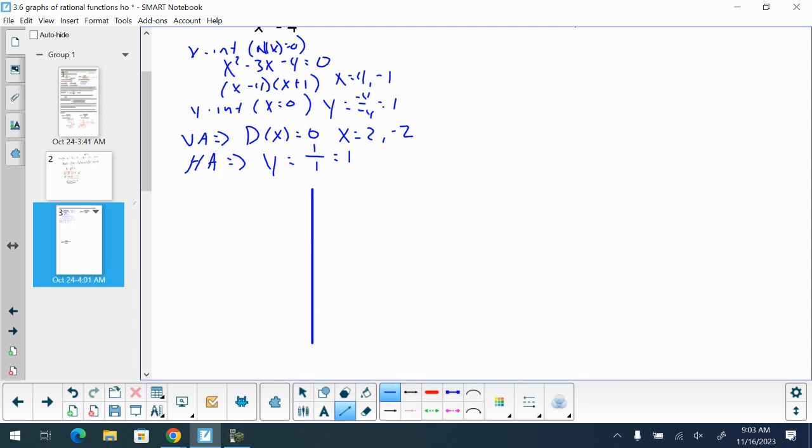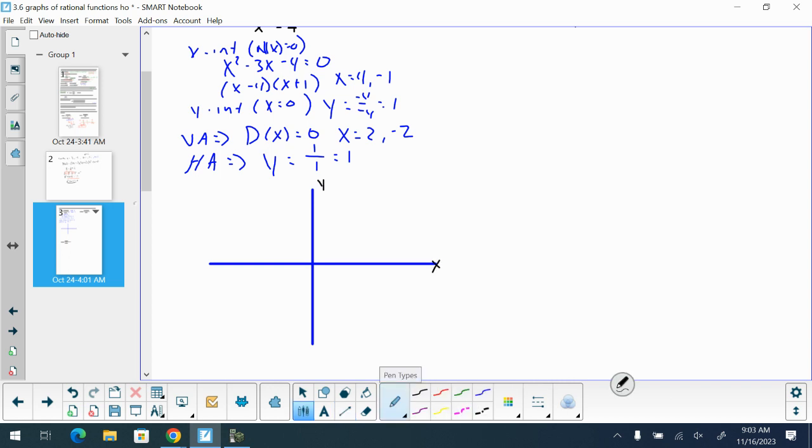So if we look at our graph, first thing we want to place in is our asymptotes.